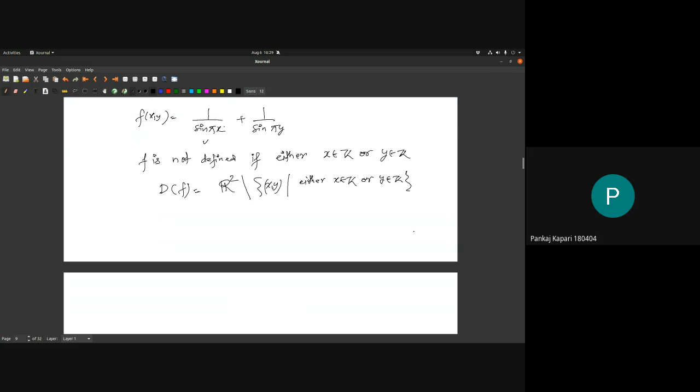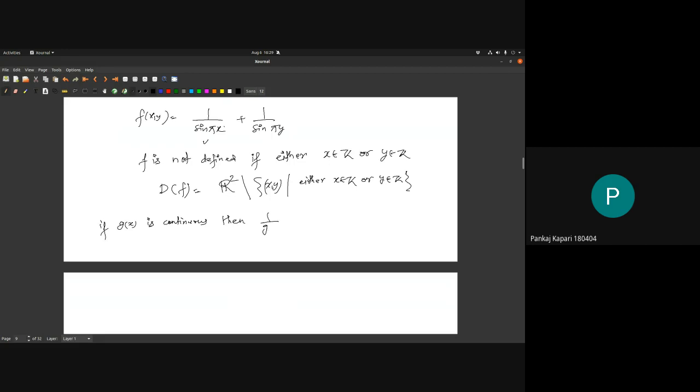Now you know that if some function is continuous, let's say a function of one variable, we have these types of results. Let's say g(x) is continuous.